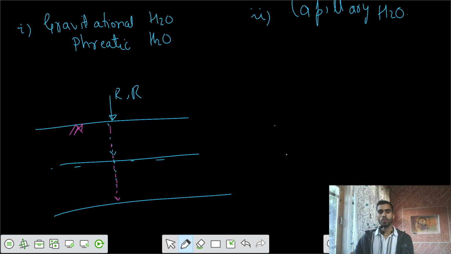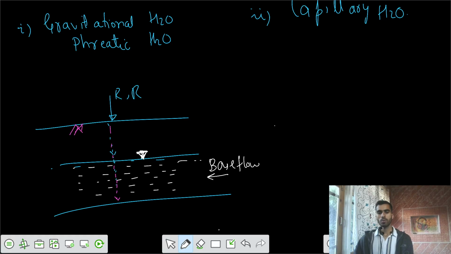There might be a few other reasons, such as base flow. Finally, up to this level we have some water, and we call this part gravitational water.